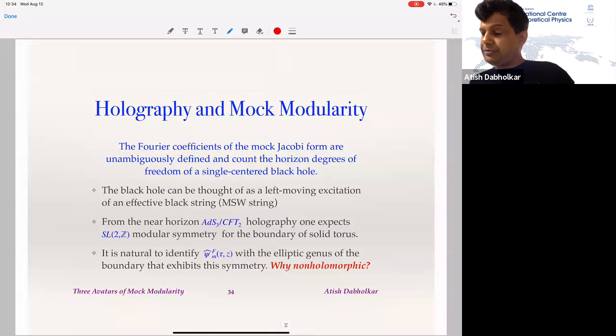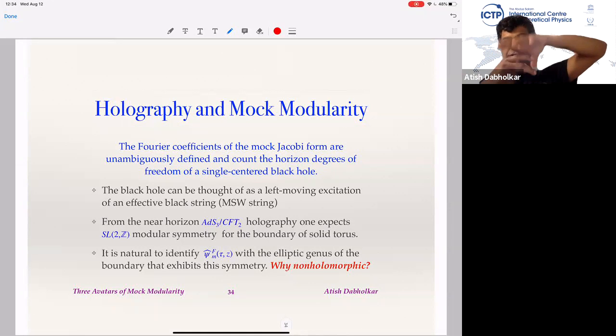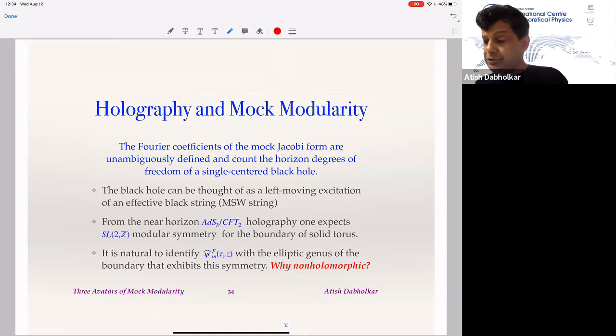So this is how holography and mock modularity get related. The final statement that we come out of this is that the Fourier coefficients of the mock Jacobi forms, which are unambiguously defined, count the horizon degrees of freedom of a single centered black hole. But in many cases, the single centered black hole can be thought of as excitations of a black string, like an MSW string. And the near horizon of that string will be some AdS3/CFT2.